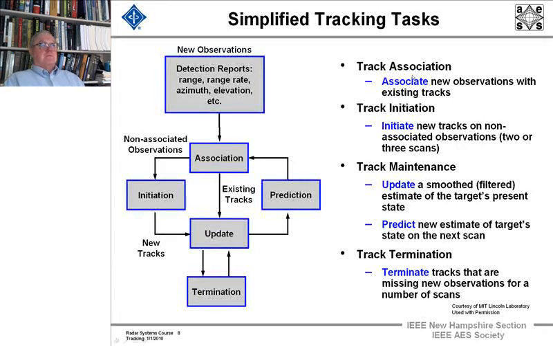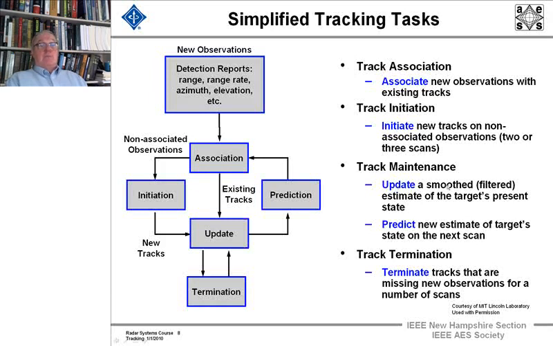And so, taking my ad hoc words, we have in blue these 5 things we do. Track association. We associate new observations with existing tracks. Track initiation. We initiate new tracks on non-associated observations, and usually 2 or 3 scans before we initiate a track.